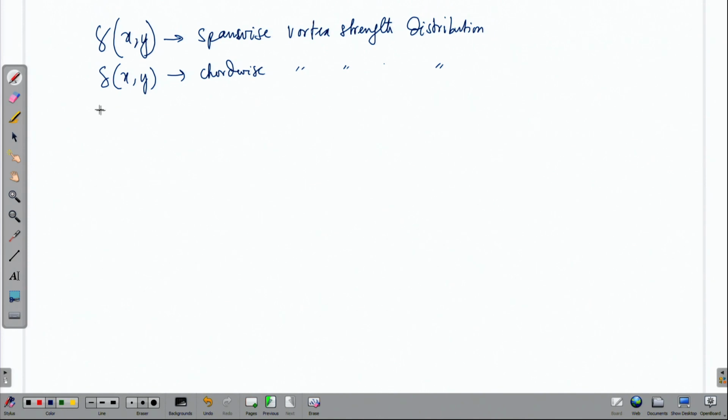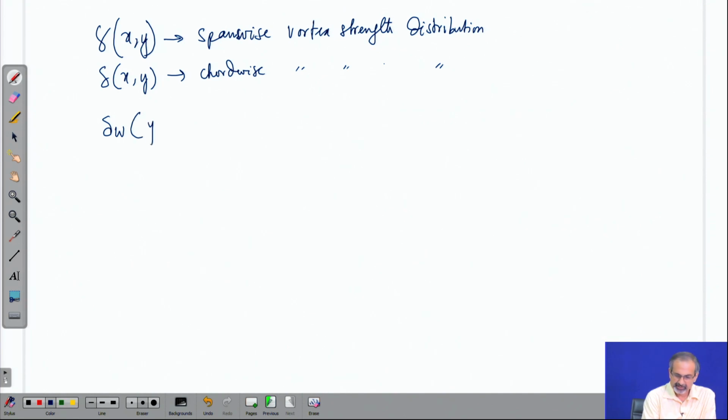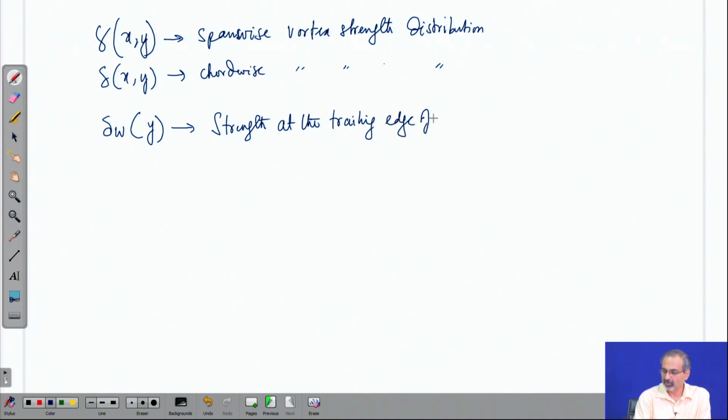As far as the wake part is concerned, delta w is purely a function of y because the trailing vortices do not meet any vortex filaments once they leave the trailing edge. Additionally, the strength with which they leave the trailing edge remains unchanged. So, the strength at the trailing edge of the wing is what will be the delta w at a given y.